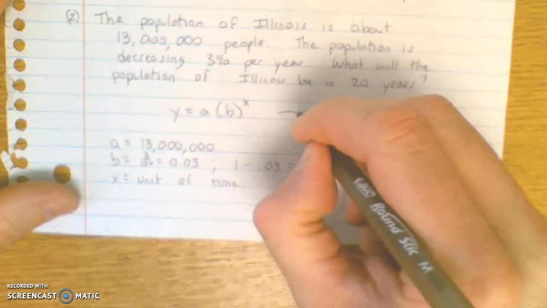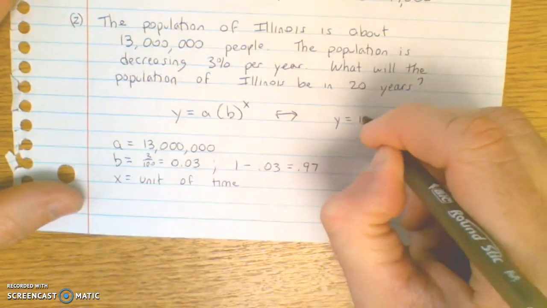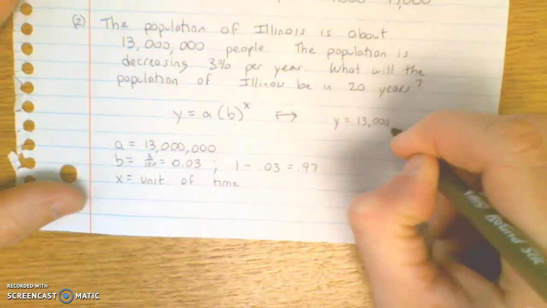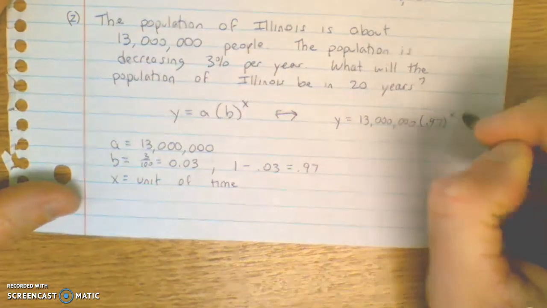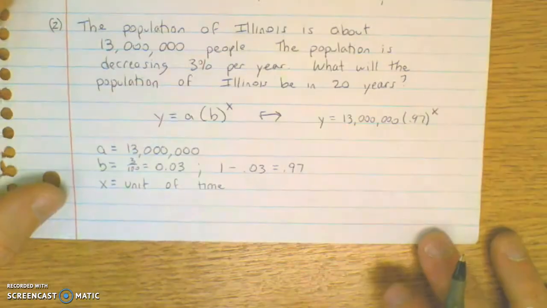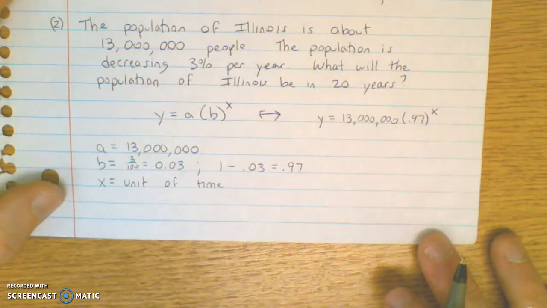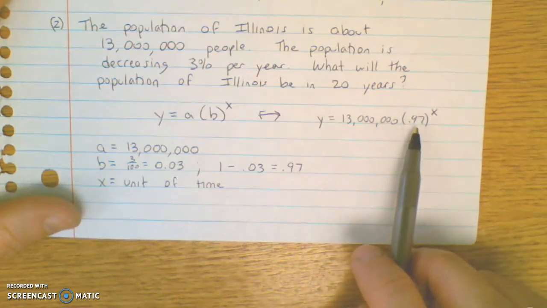So plugging that into this equation, we would get y equals 13 million times 0.97 to the x. So this is going to show the decrease in Illinois' population over time.